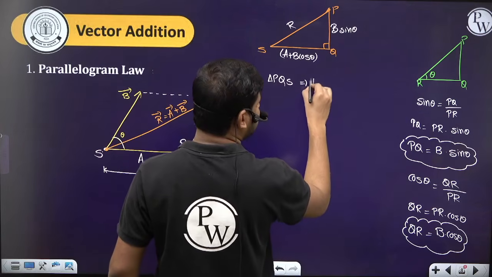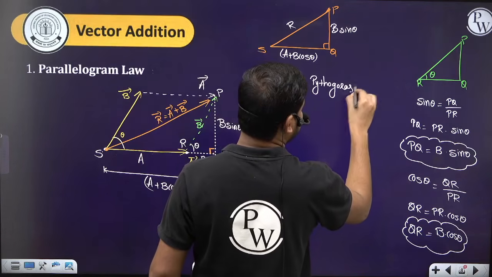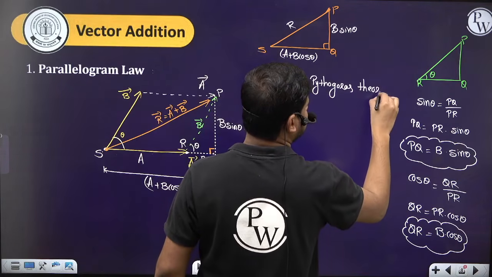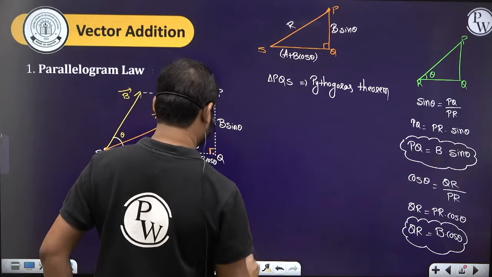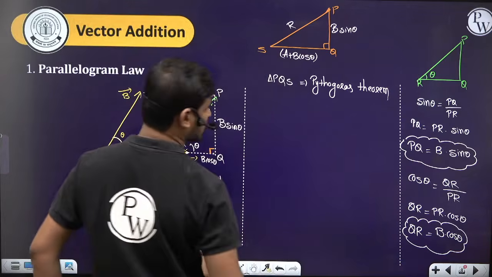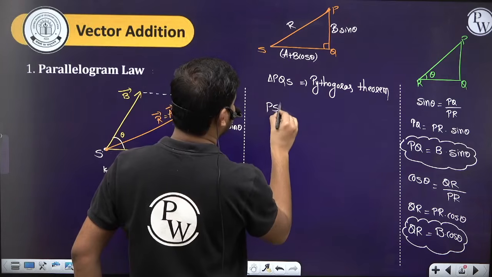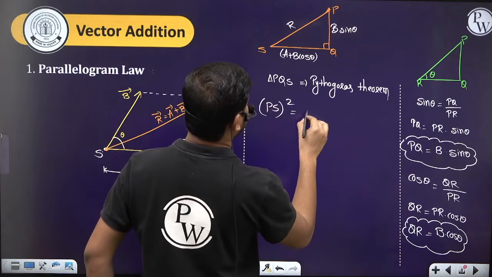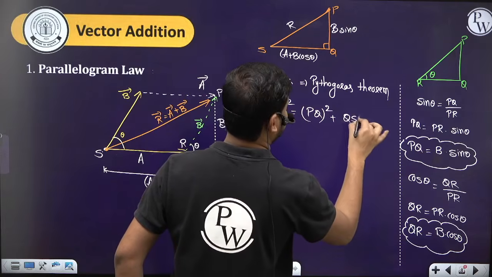So in triangle PQS, can we apply the Pythagoras theorem, as it is a right angle triangle? We can apply the Pythagoras theorem simply. Let's write the line here. So now see here. We can write PS whole square is equal to PQ whole square plus QS whole square.